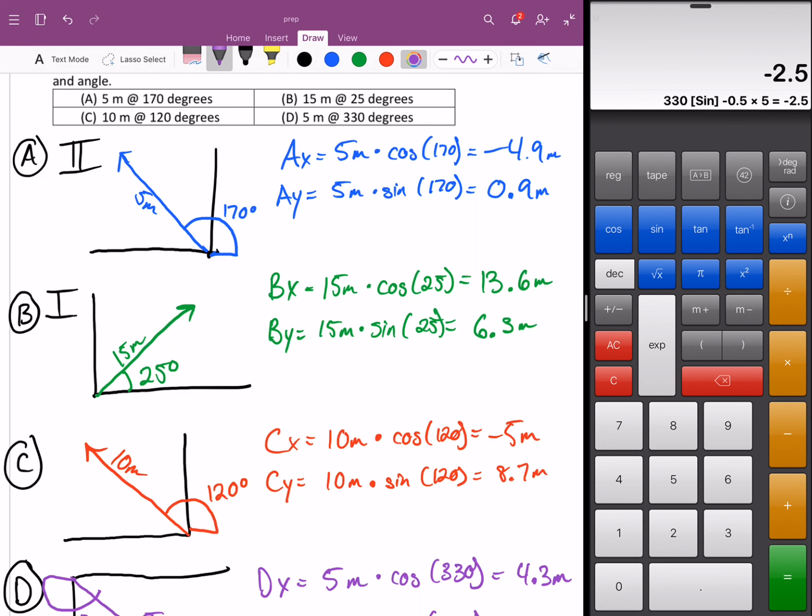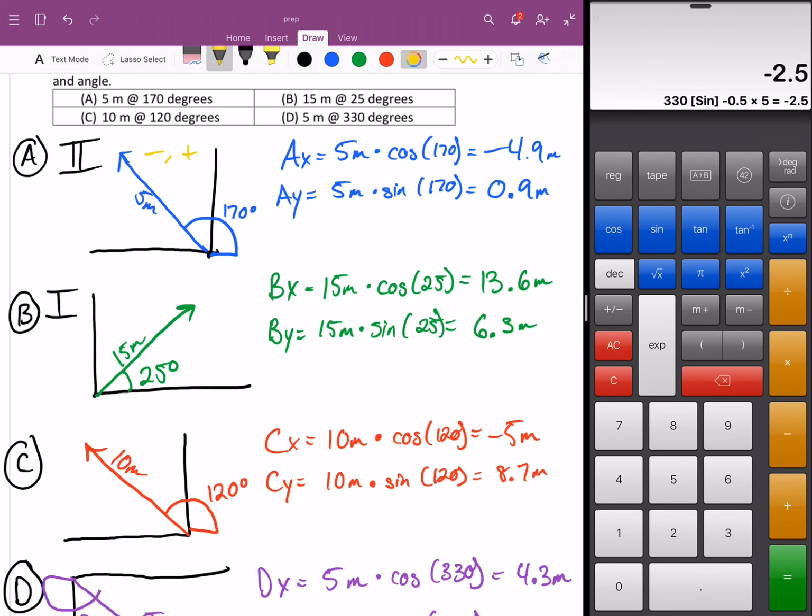Now let's refer to something else. Switch colors. Okay. Quadrant 1: your x is positive and your y is positive.